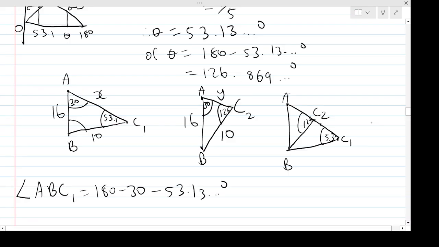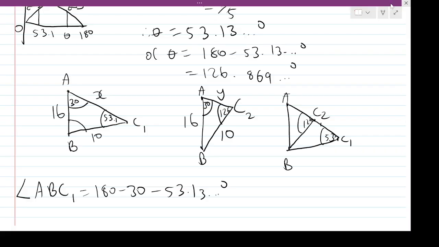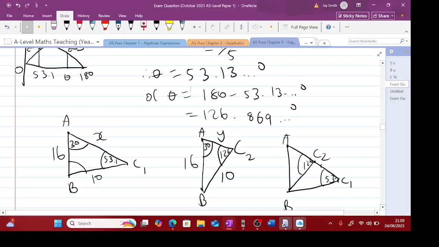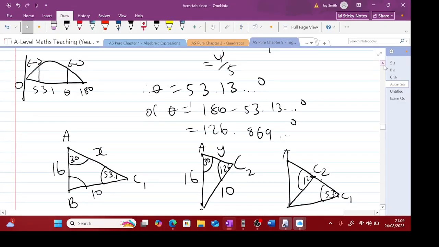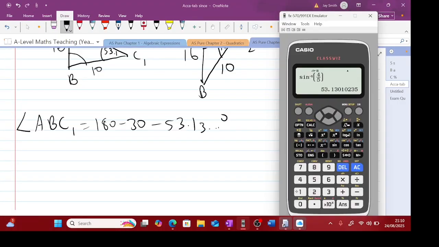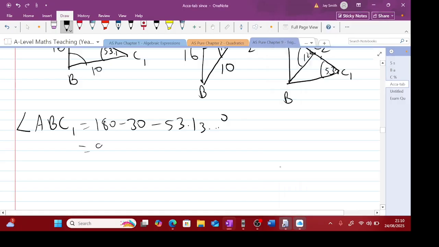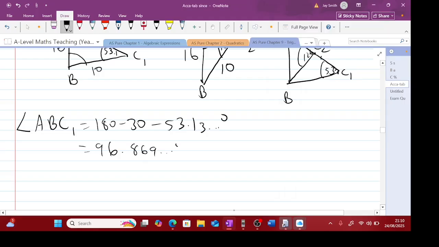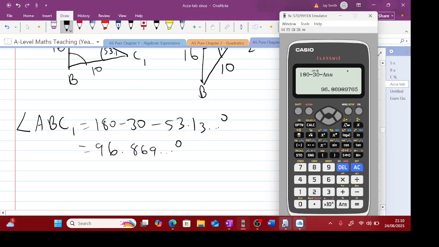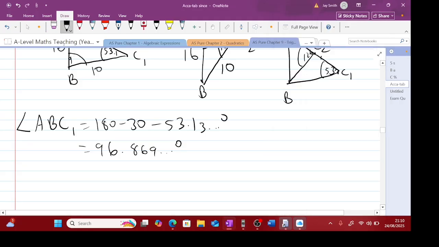Okay, right, this is when I'm going to have to pull up the calculator again, because I'm going to need to reuse my previous answers, right? So, this 53.13, 180, take away the 30, take away my angle here, I get 96.869. So then I can store that as answer A. Right, so that's 96 here.